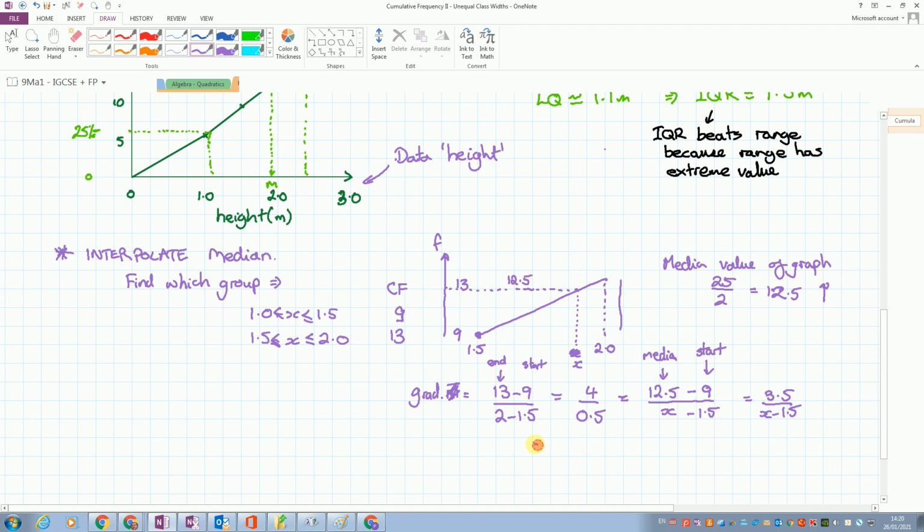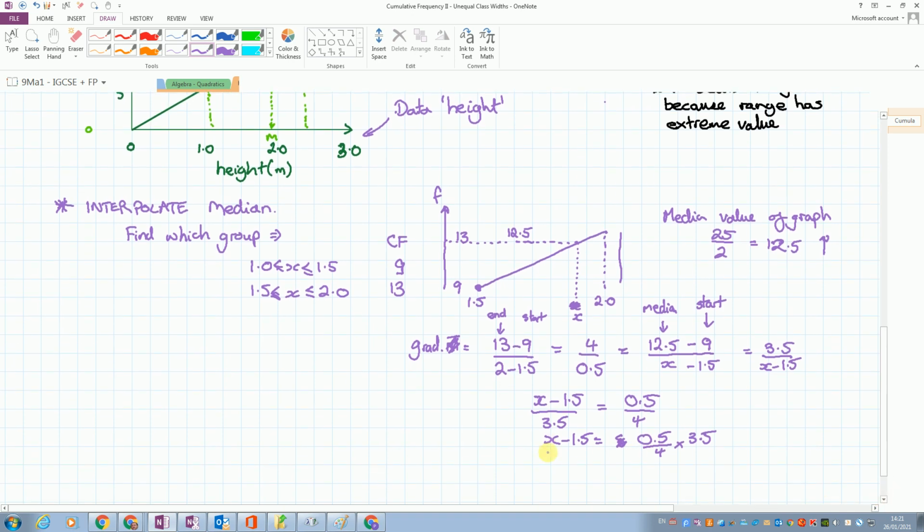So I can say x minus 1.5 is equal to the 0.5, which is over 4, and I've got 3.5 on this side. Multiply it up, and we get x minus 1.5 equals 0.5 divided by 4 multiplied by 3.5, and my actual median value is 1.5 added to it.